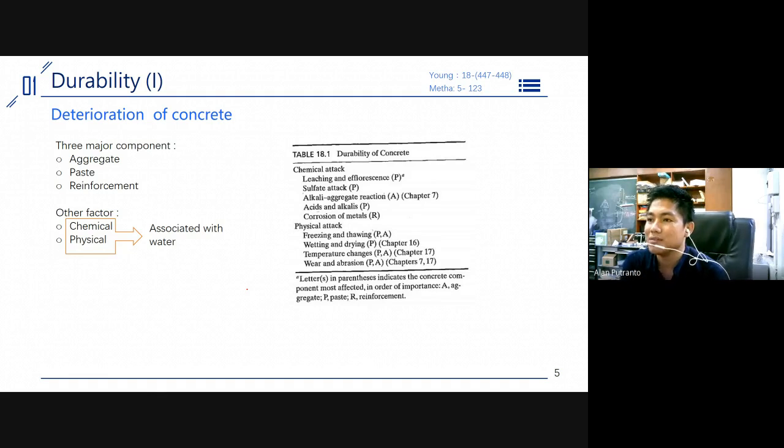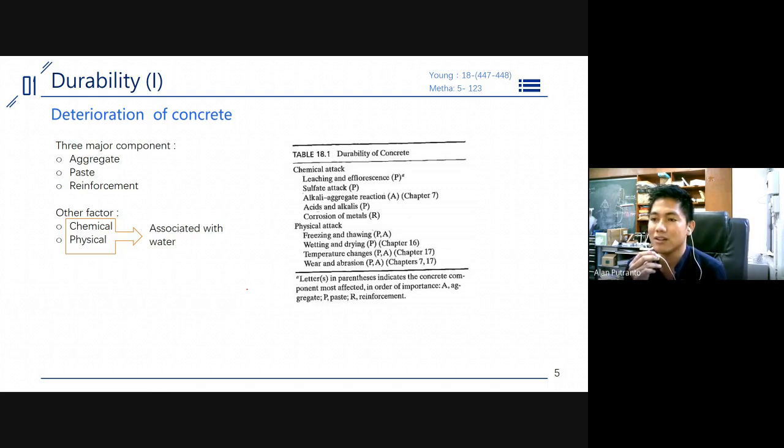Actually, this table talks about two kinds of attacks. That is chemical attacks and physical attacks. In this discussion, I just take some of these chemical attacks. I just discuss some of them. I didn't take all of them actually. The first one about the chemical attack is bleeding and efflorescence, which I will explain more later. And then we'll talk more about sulfate attack.